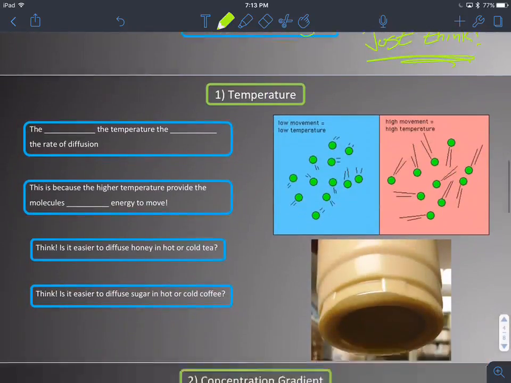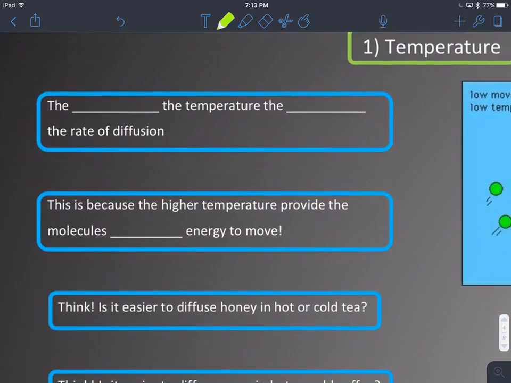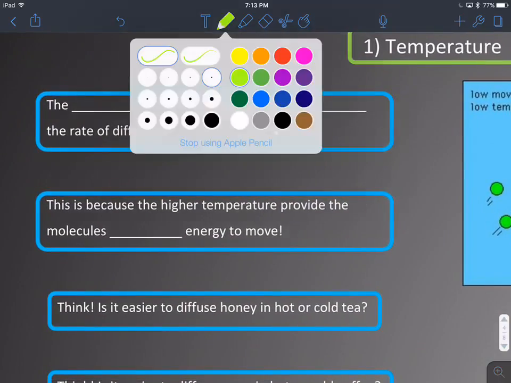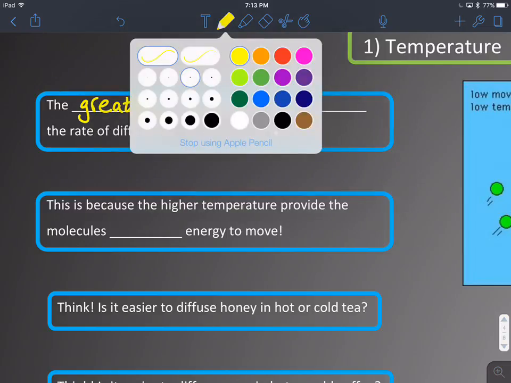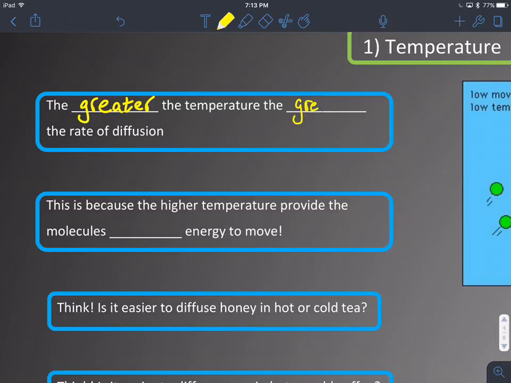So, moving on to temperature, okay? Temperature, the greater it is, all right, the greater the temperature, the greater the rate of diffusion. We call this a direct relationship because as one increases, so does the other.